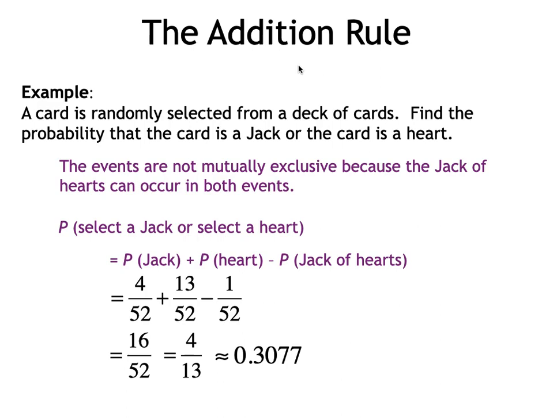But keep in mind whether the events involved are mutually exclusive or not. The moment they are not mutually exclusive, this is the formula you're going to use. If they are mutually exclusive, you simply add their individual probabilities, because the probability that both occur at the same time is equal to 0 when the events are mutually exclusive.